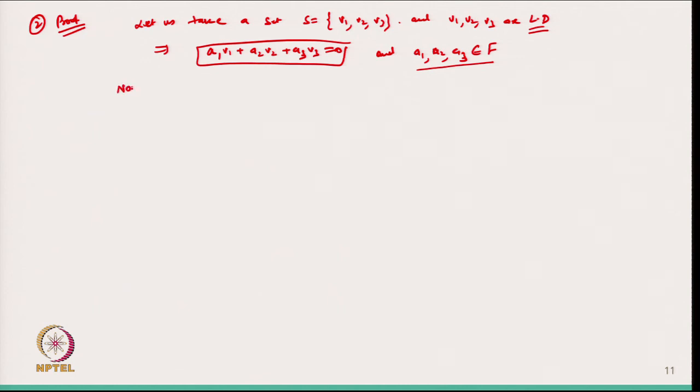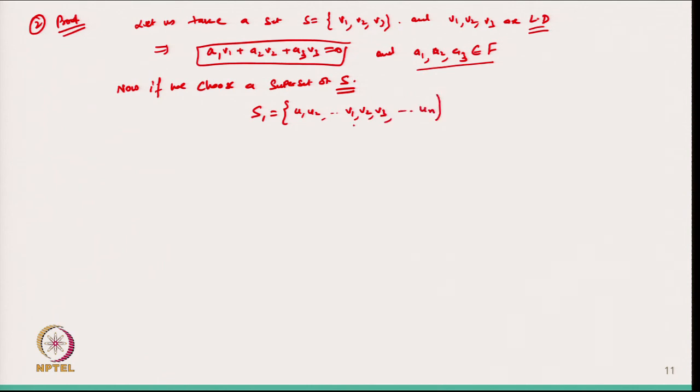Now, if we choose a superset of S, superset means a set which contains this S. So, let us take it S1. S1 will contain some elements, U1, U2, and so on, then V1, V2, V3 are there, and Un, something like this.